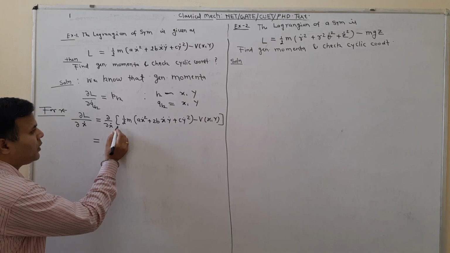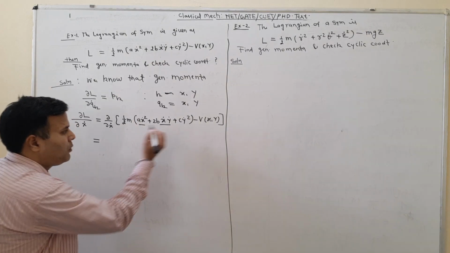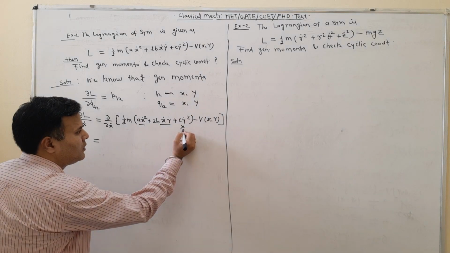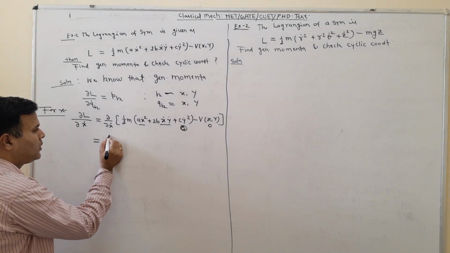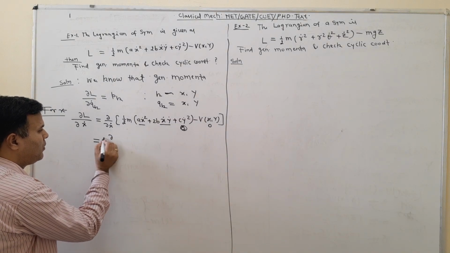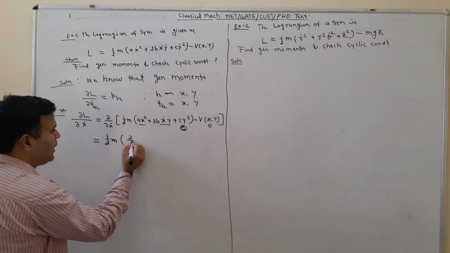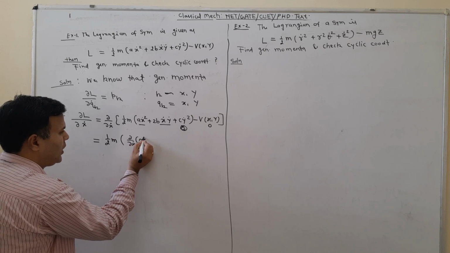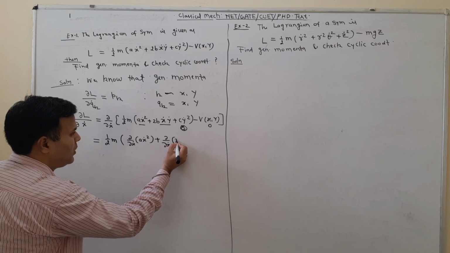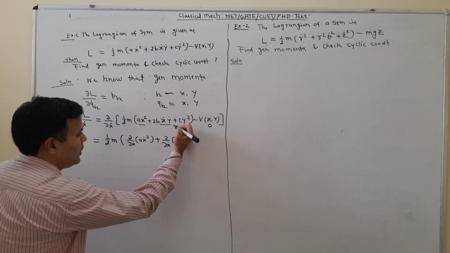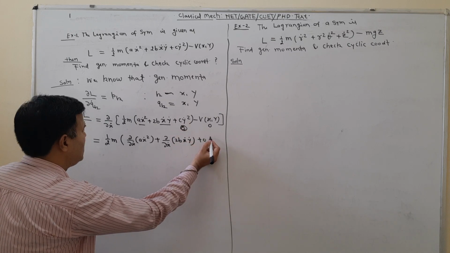So, taking 1/2 m outside, we have ∂/∂x dot of a x dot square plus ∂/∂x dot of 2b x dot y dot, and the rest is 0.